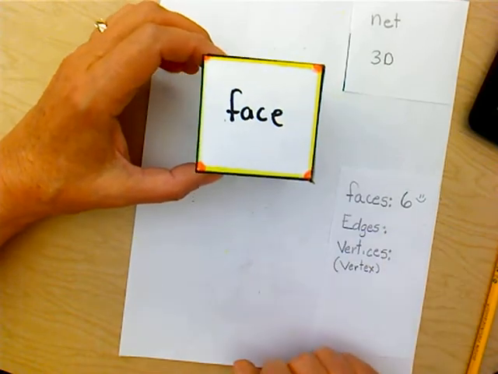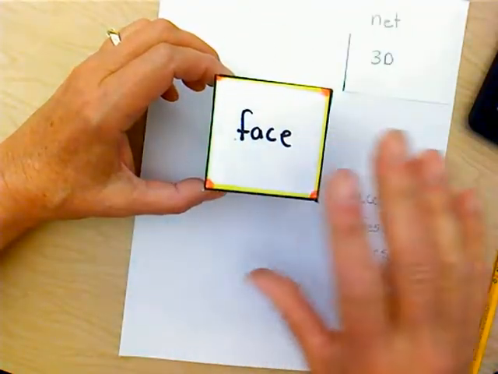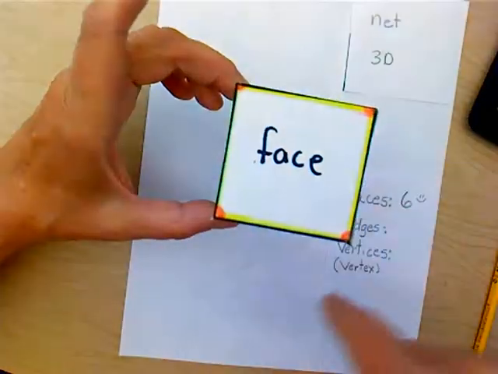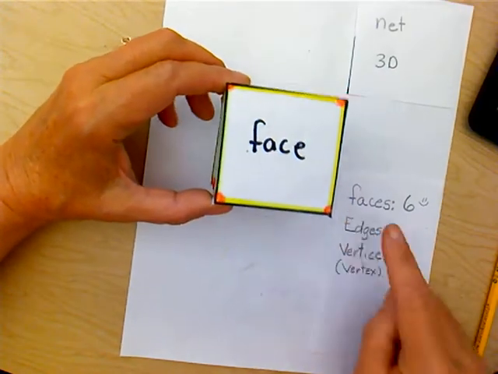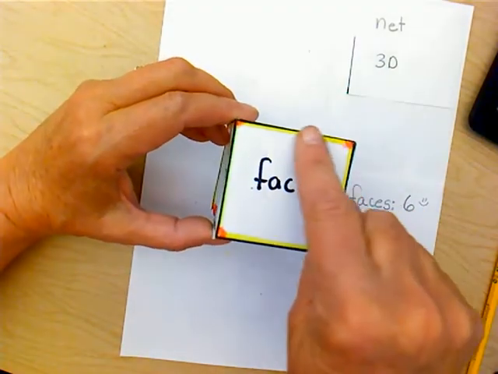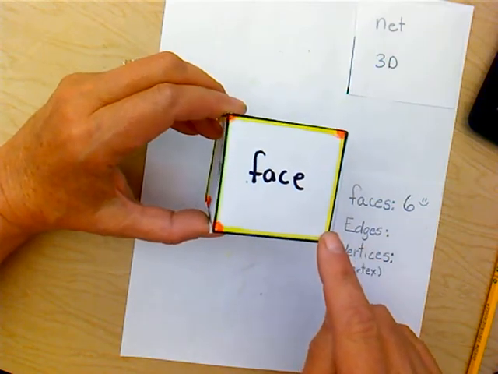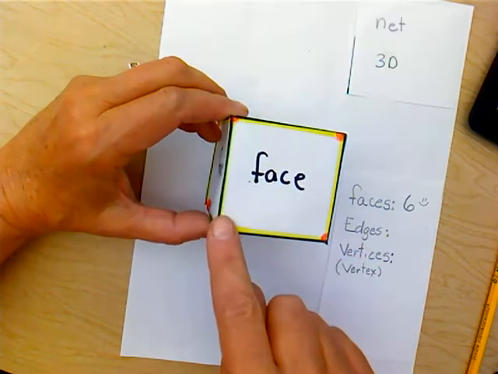Now, counting edges is a little more tricky, but I want you to think of the top, I want you to think of the bottom, and I want you to think of the sides. So let's start by counting those edges, and remember those edges are going to be your yellow highlighted line. So let's start here. You have to keep track. 1, 2, 3, 4.